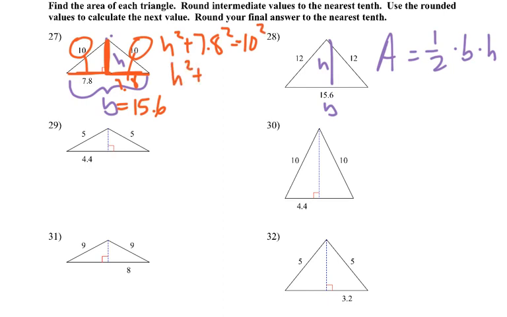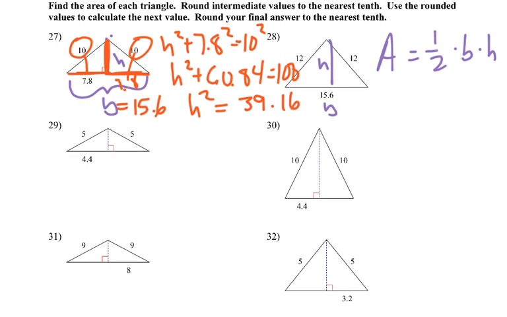So 7.8 squared is 60.84, equals 100. So h squared equals 100 minus 60.84, which would be 39.16.